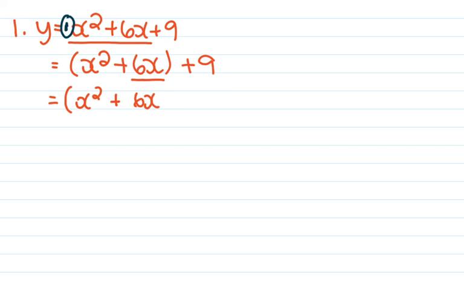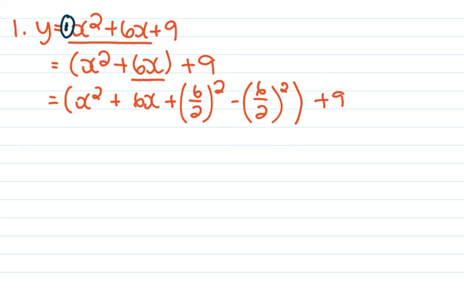So you leave the x squared plus 6x there, plus 6 divided by 2 in a bracket squared, and then minus 6 divided by 2 in a bracket squared, and bracket plus 9. Now I'm going to simplify these 6 divided by 2 squareds. So I have x squared plus 6x. 6 divided by 2 is 3. 3 squared is 9.